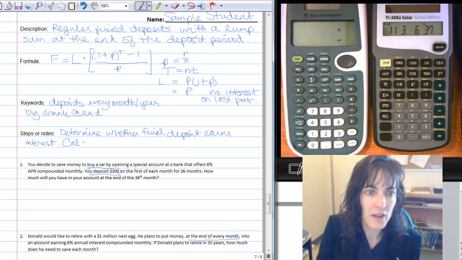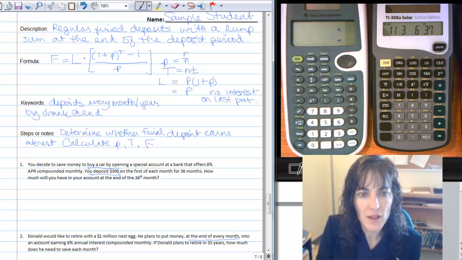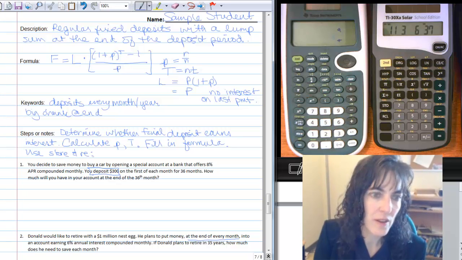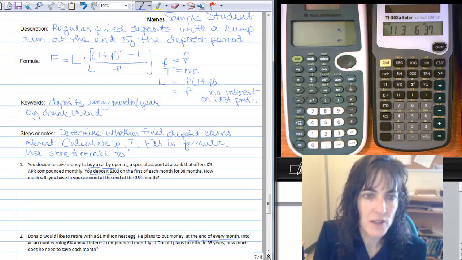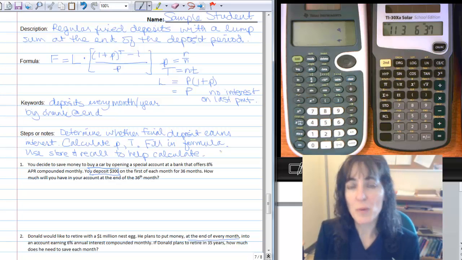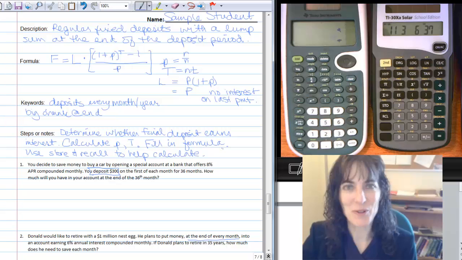Then we'll calculate the little p and the big T, and then fill in the formula. And then use store and recall to help calculate. And remember, always we have to follow the order of operations.